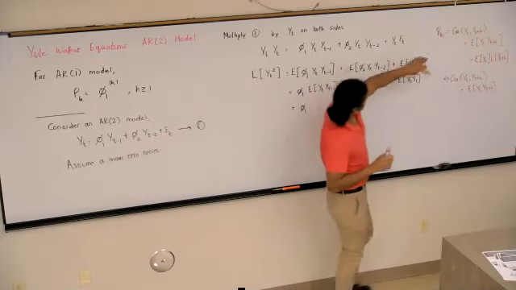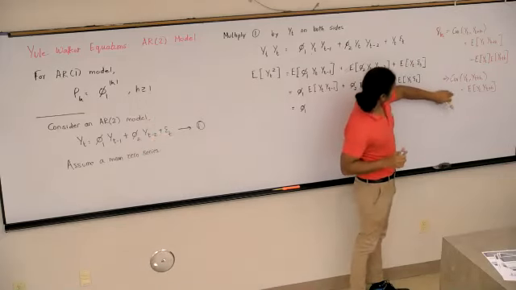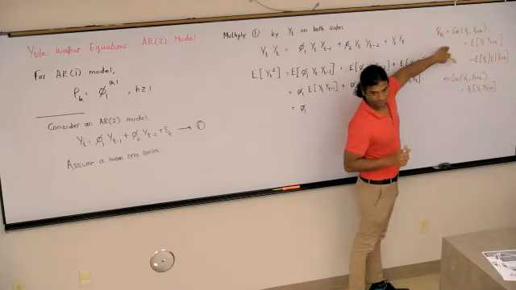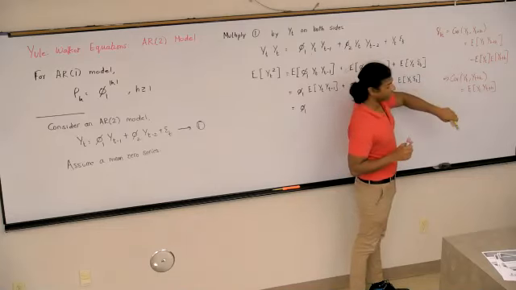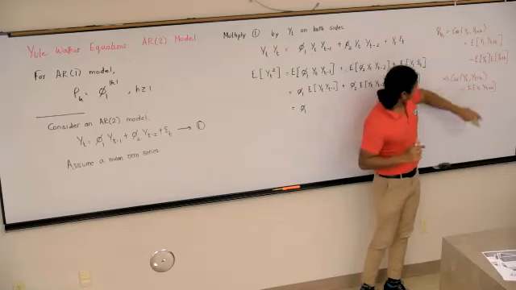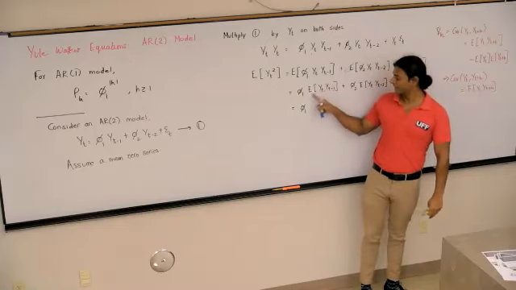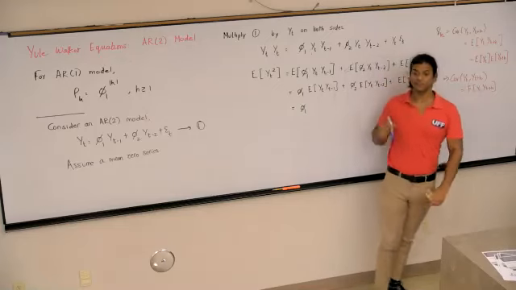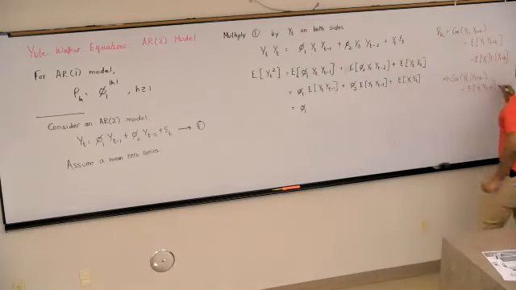So I went from here to there, so that is gamma h. My question to you is, if that is gamma h, what is expectation of yt times yt minus 1? It is the covariance of yt comma yt minus 1. Correct. So in terms of gamma, how can I write that?